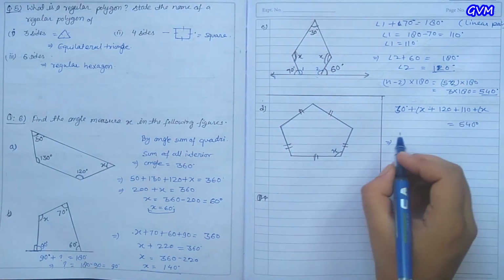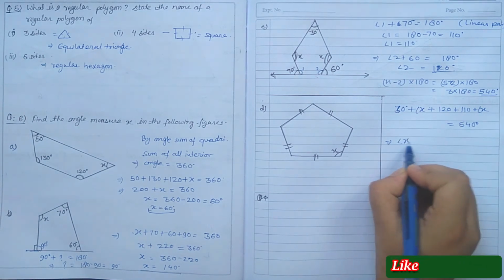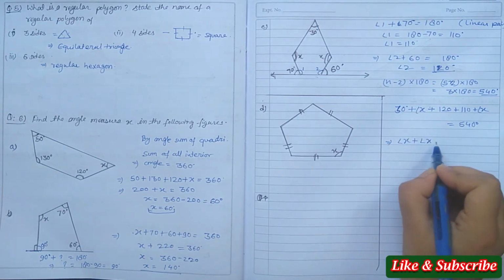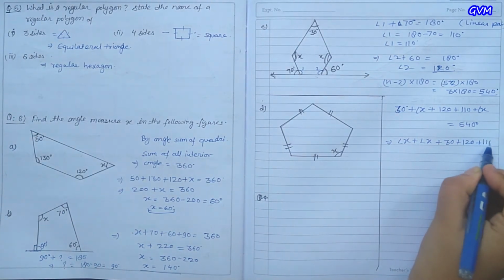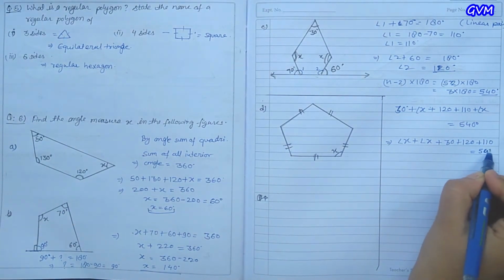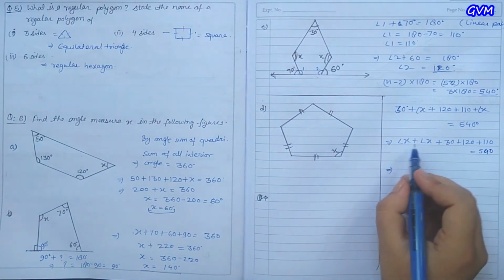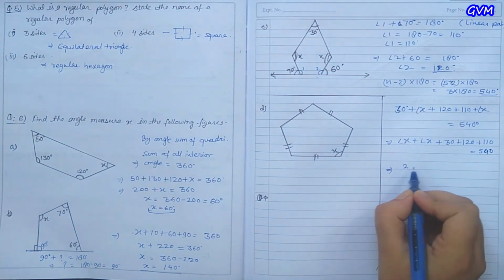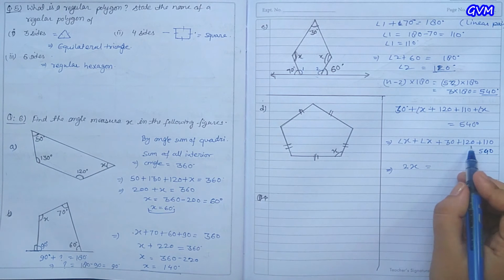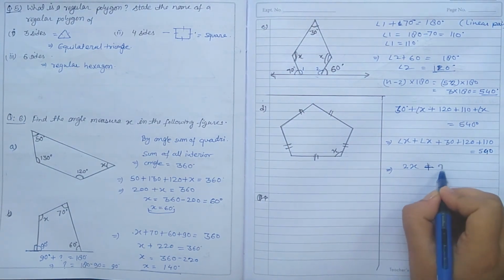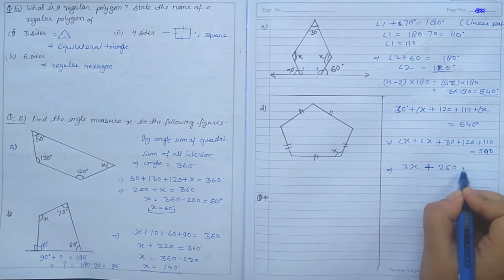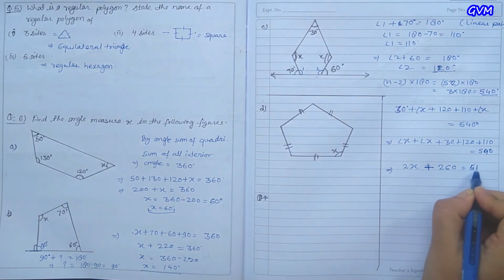Now let's arrange them. Angle x plus angle x plus 30 plus 120 plus 110 is equal to 540. Now x plus x is 2x, and 30 plus 120 plus 110 becomes 260, which is equal to 540.